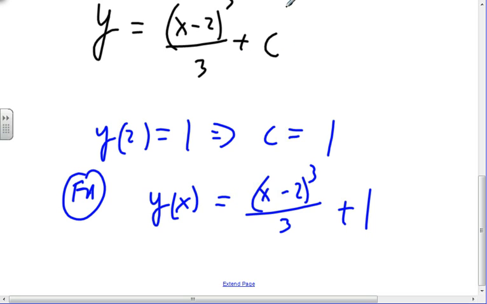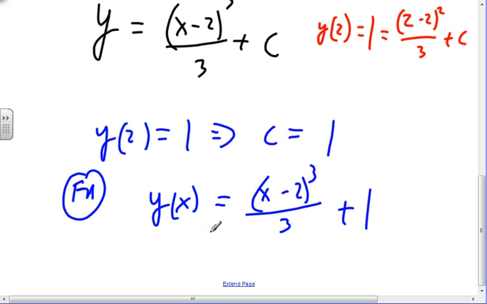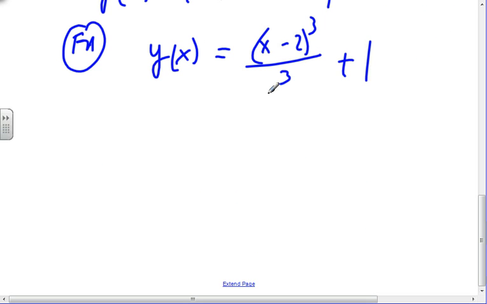I'm saying y of 2, which equals 1, is going to equal (2 minus 2) cubed over 3 plus c. This becomes 0, c becomes 1. Yeah, that's the step I skipped.